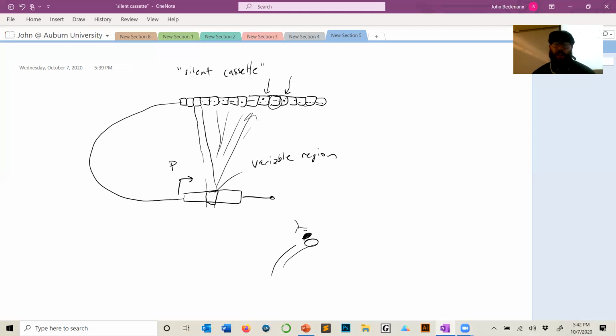Let's call these 1, 2, 3, 4, 5, up to N, and let's say this is X. Homologous recombination happens and X is switched out for any of these from 1 to N. Does that make sense? They're all different because they're all acquiring constant mutations, and they're all shuffling around and swapping in and out. Does that make sense?